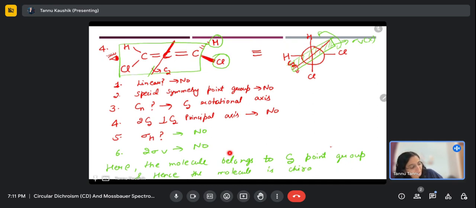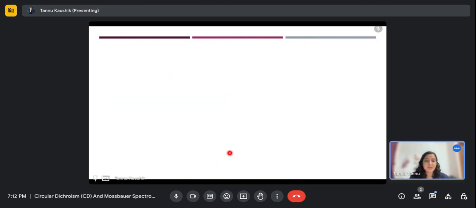So you can see how substitution of these atoms with different substituents changes the symmetry, and based on that the molecule changes from achiral to chiral. Okay, so this was an example of how we can find out whether a molecule is chiral or achiral based on its point group.